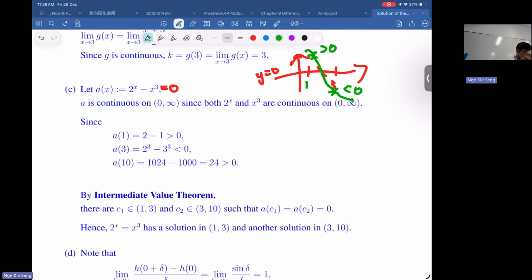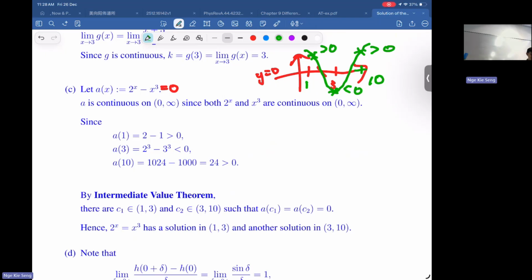And then it goes up again when applied at 10. Wait, maybe go even before. Okay, let me draw again. So up, down, up, like that. Up, down, up, greater than 0.